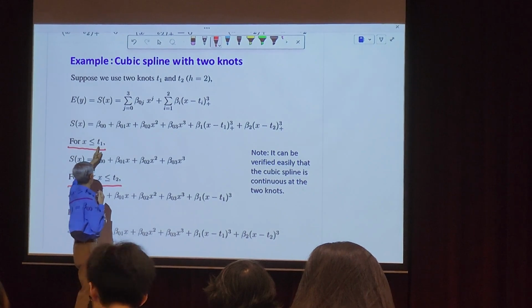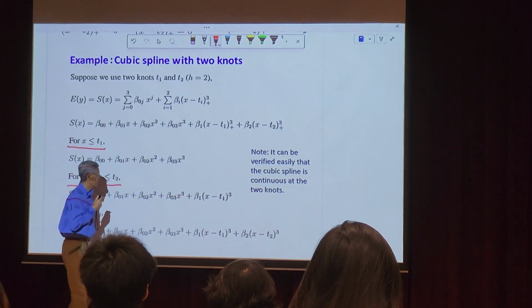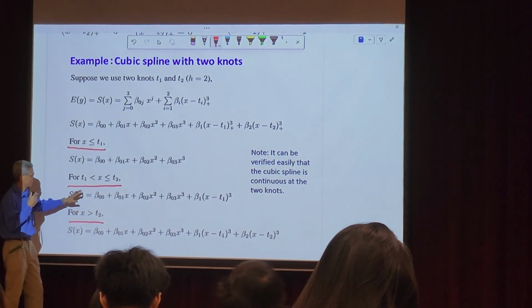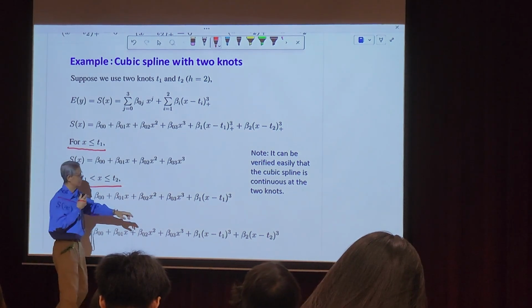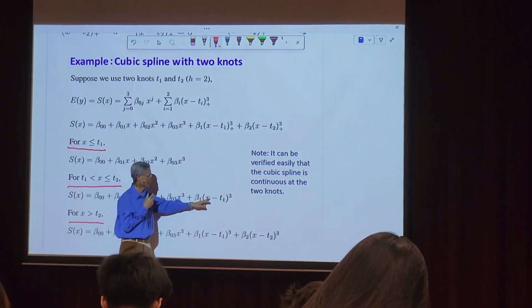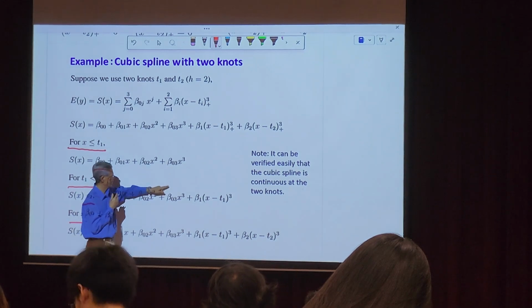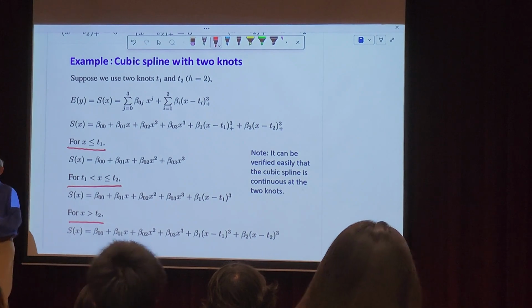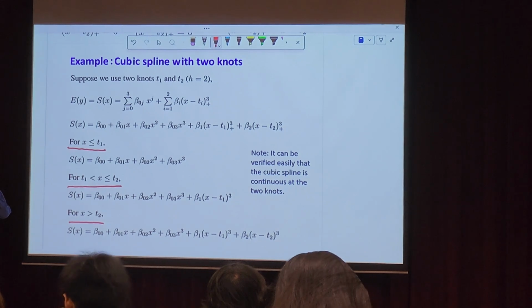At T1, you can substitute T1 into here. But the way I define this cubic polynomial here is that I notice that if I let x goes to T1, this part will be 0. And so you can see that these two are identical at T1. And so these two polynomials are in fact continuous at T1.